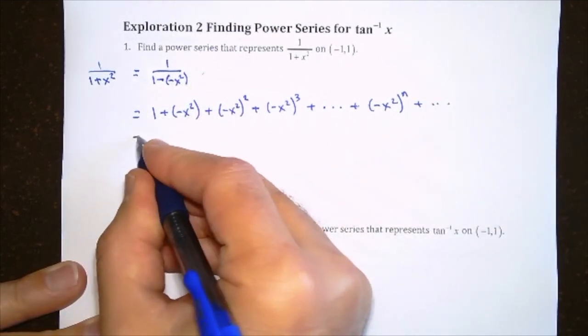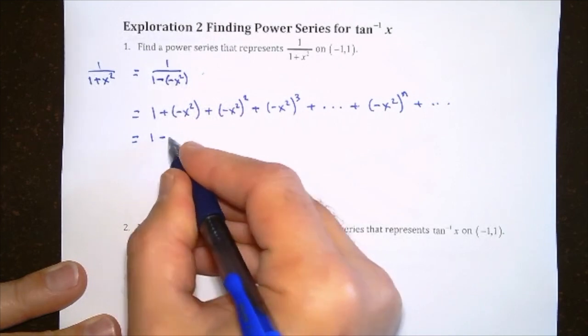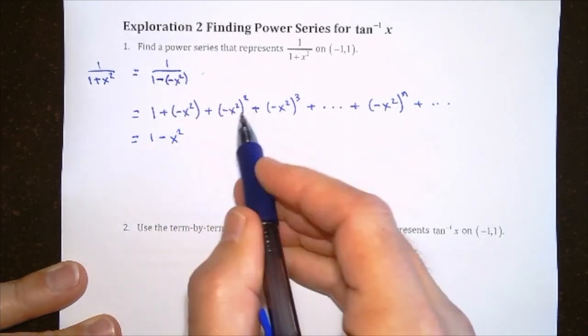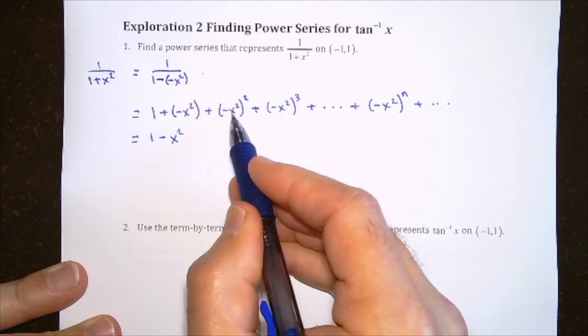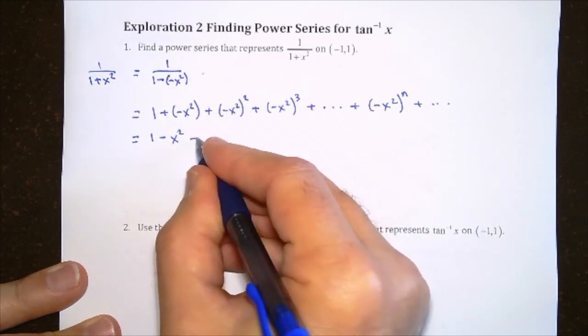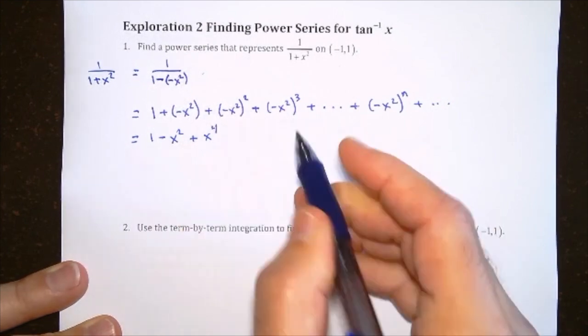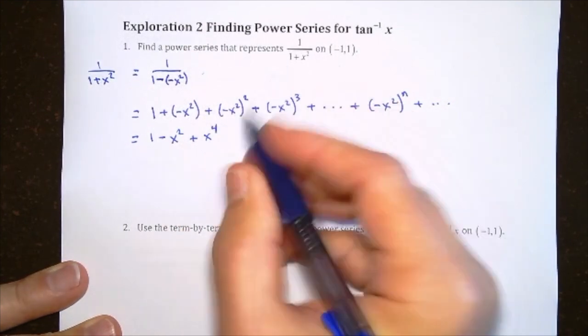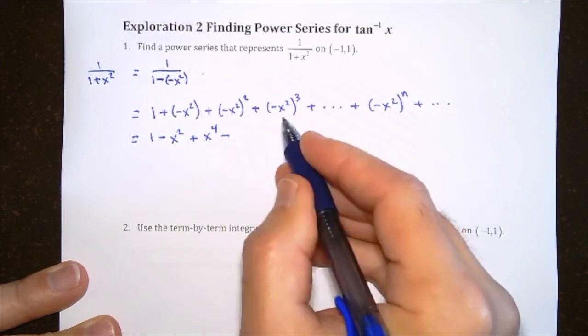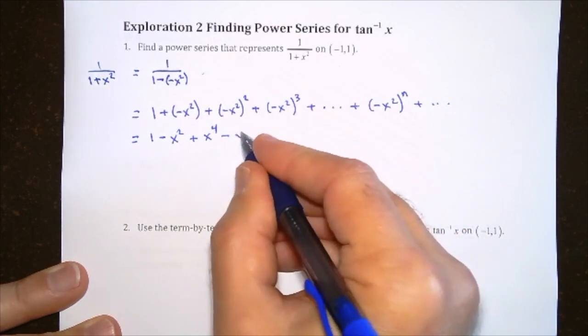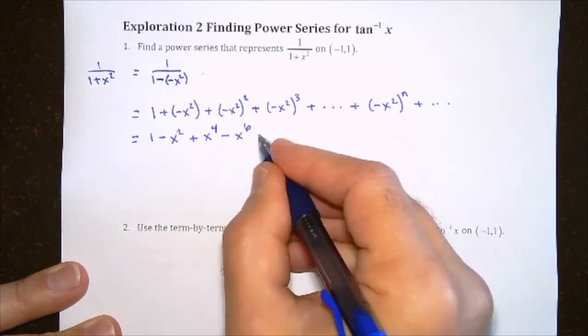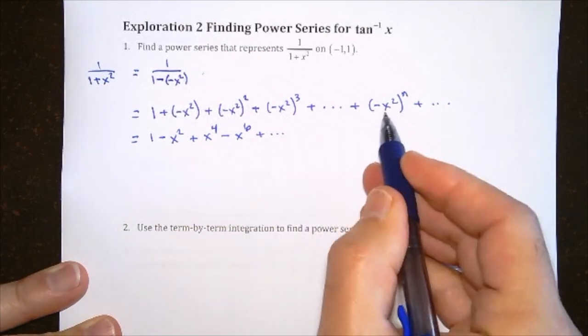Okay, cleaning this up, this would be 1 minus x squared. This would be a negative 1 squared and then x squared squared, so that'd be plus a positive 1, and x to the 4th, and then negative 1 cubed, which would give us a negative, so minus x squared cubed, which would be x to the 6th, and then plus dot dot dot.